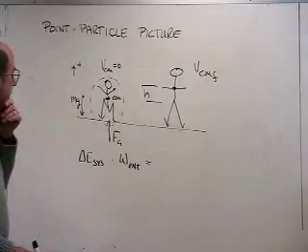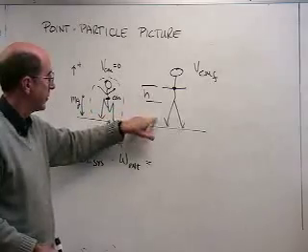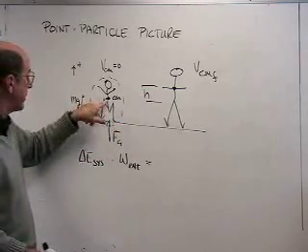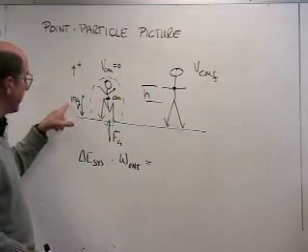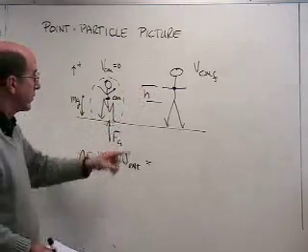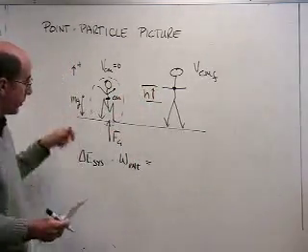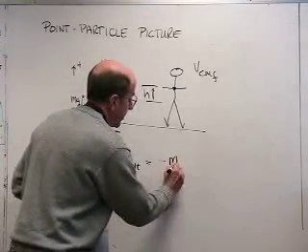The work done on this system as we move from this position to that position is only the work done by gravity, right? Because gravity is the only force acting over a change in distance, and gravity is doing negative work on the system because we're going up and gravity is pointing the other direction, so the work done by gravity is equal to minus mgh.